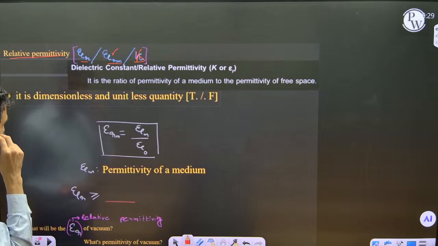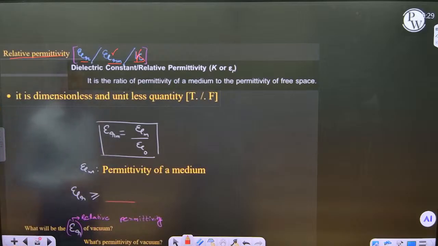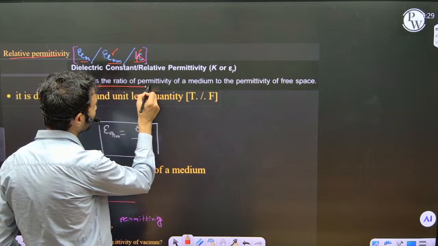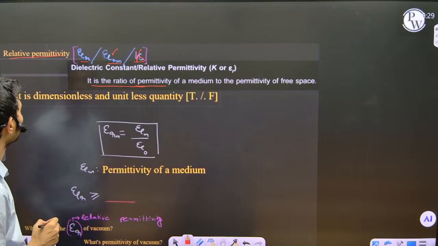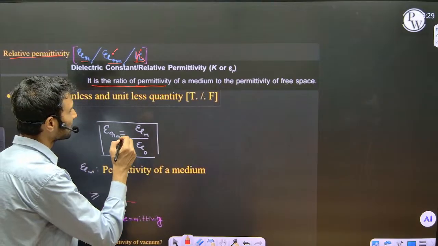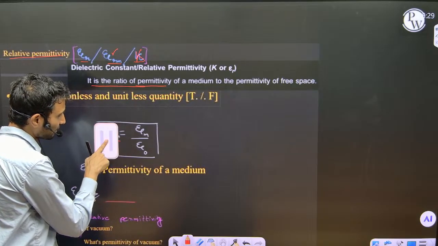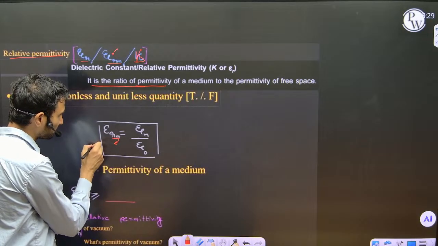So let us see what is relative permittivity. First of all, it's a ratio of permittivities. Relative permittivity is the ratio of permittivities, as you can see, epsilon rm. Here m means medium.